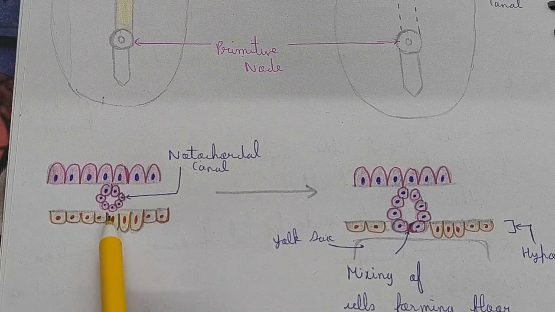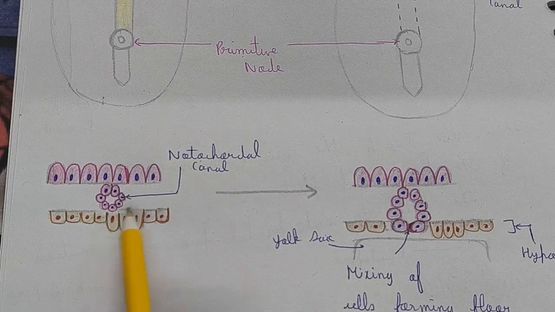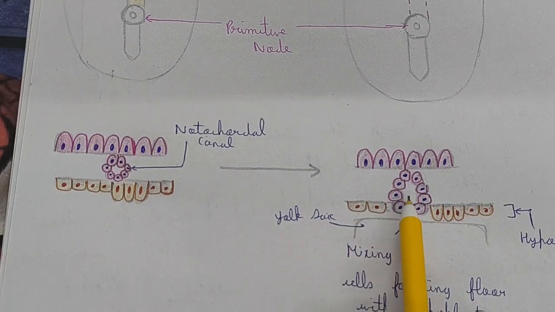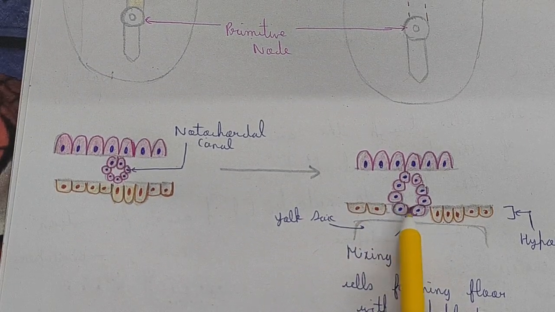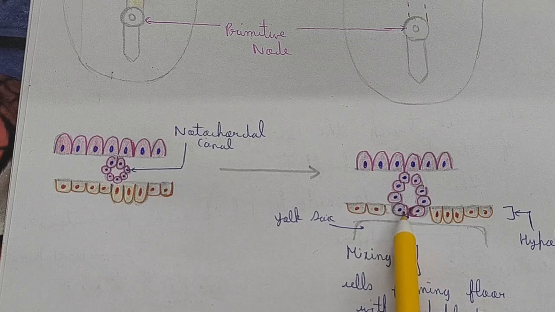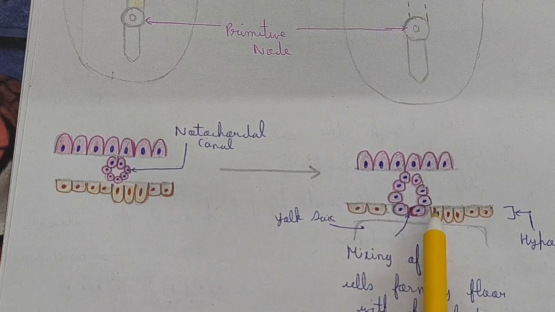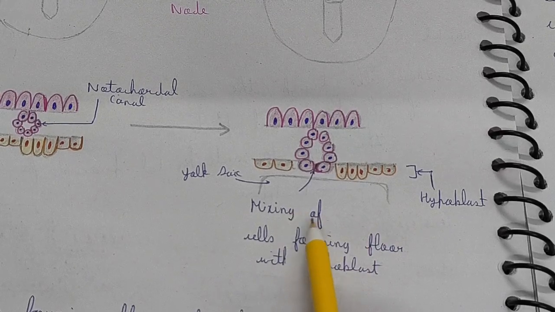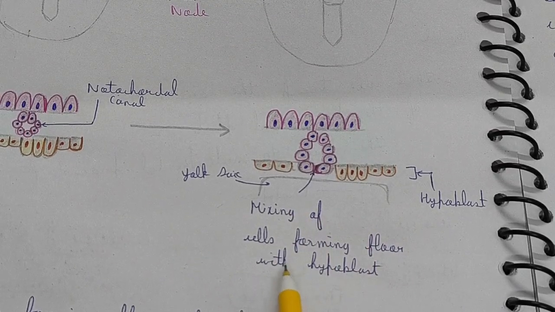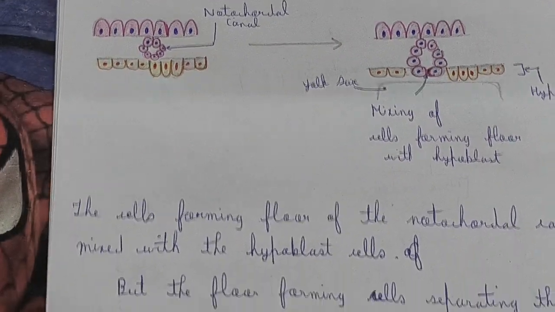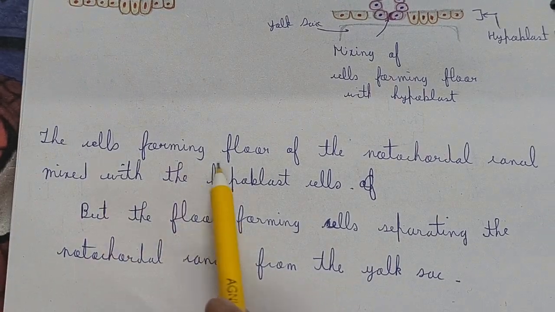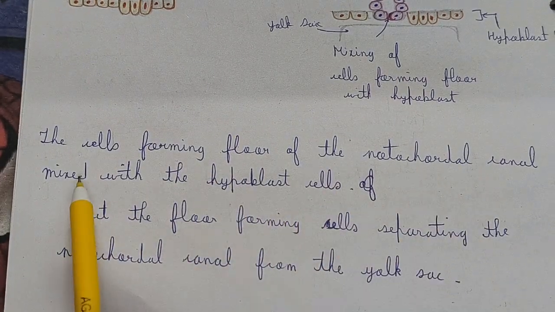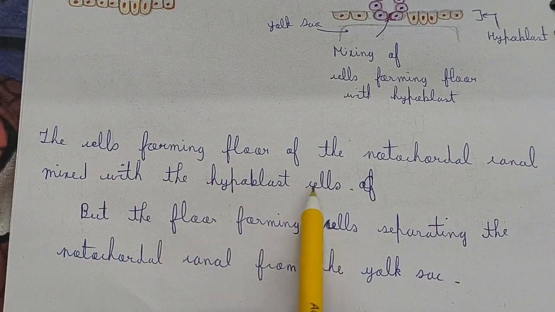They are separated from the hypoblast cells, but here you can see that these floor forming cells of the notochordal canal mix with the hypoblast cells. So I have written that the cells forming the floor of the notochordal canal are mixed with the hypoblast cells.